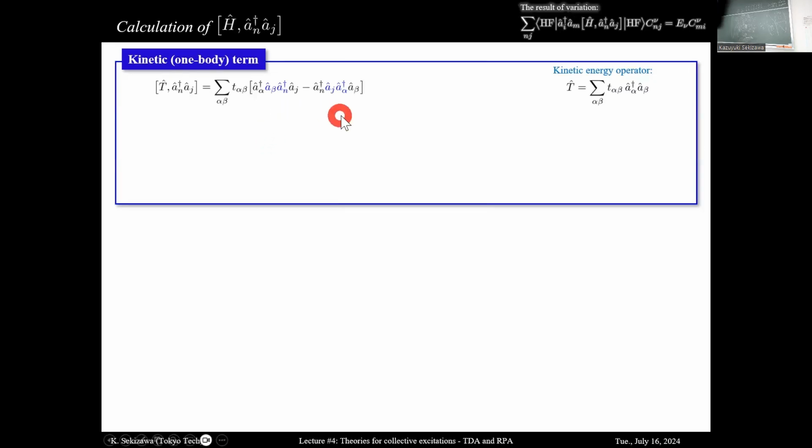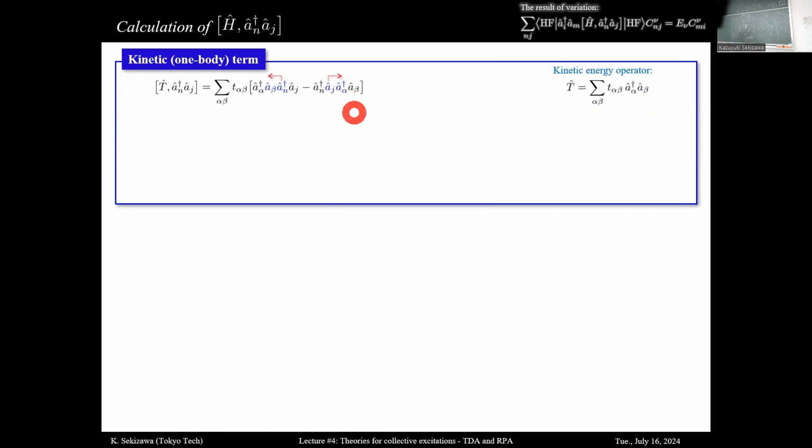So this is the kinetic energy of delta, and A dagger A is sitting here. The last two operators are coming from this kinetic energy operator.